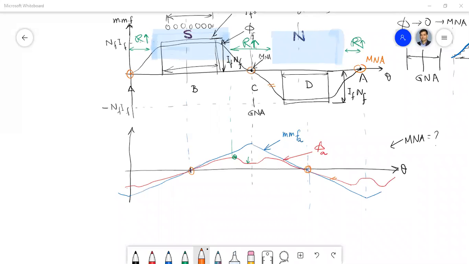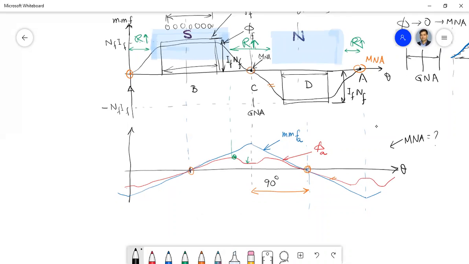So there are 90 degree electrical difference. For the field flux, the MNAs are at B. No, the MNAs are at C. And for the armature flux, the MNAs are at B and D. Correct. So that means this is 90 degree electrical. So you have to mention this point.